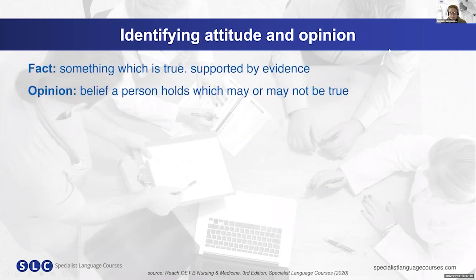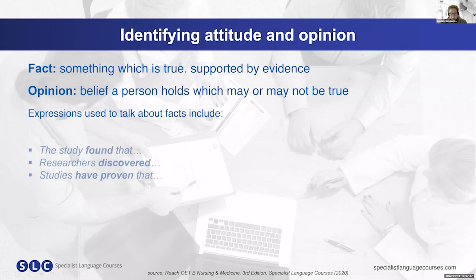So fact is something which is true, and it's supported by evidence usually. An opinion is something that a person believes, which may or may not be true. So this happens quite a lot in reading C and listening C, where the speaker or the writer might indicate or suggest something that's not a proven fact.